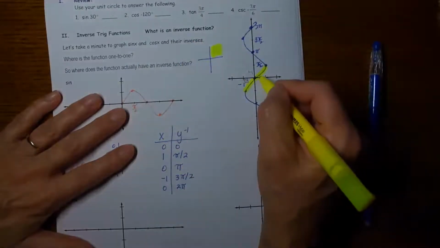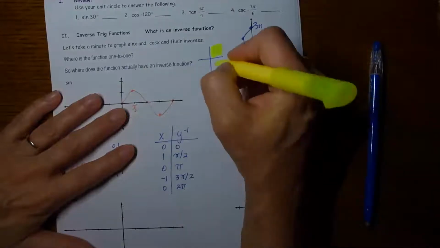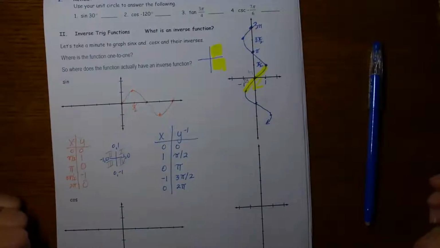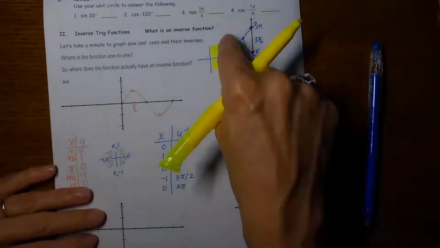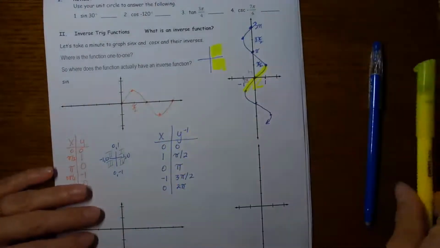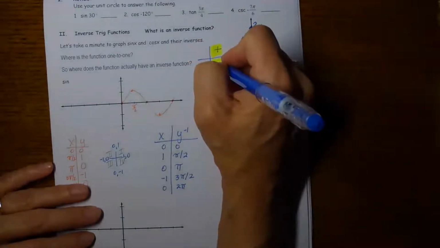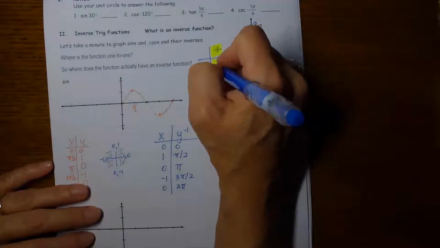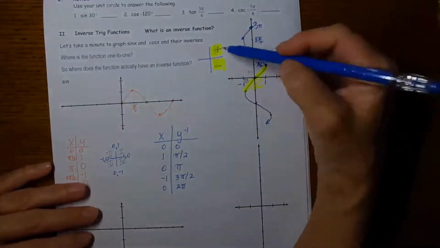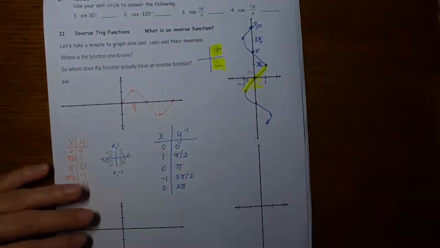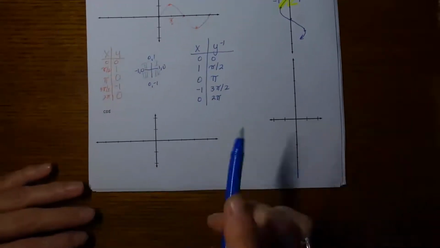How do I get to quadrant 4? I go backwards. So when we look at inverse sine, you're only going to be able to get answers from these 2 quadrants. These are positive, and what is sine down here? Negative, right? So your positive answers will come from here. Your negative answers will come from here, okay?